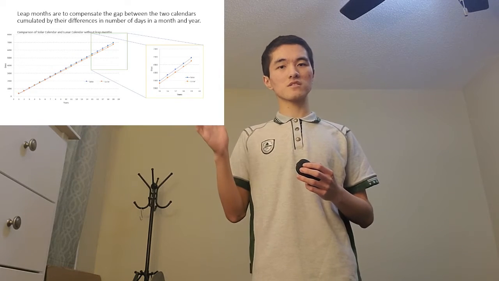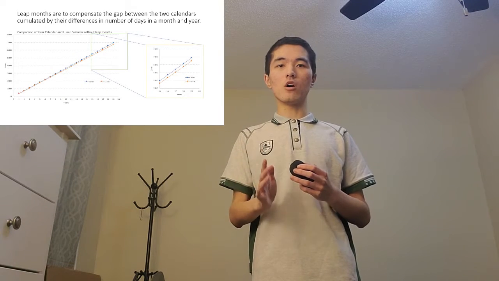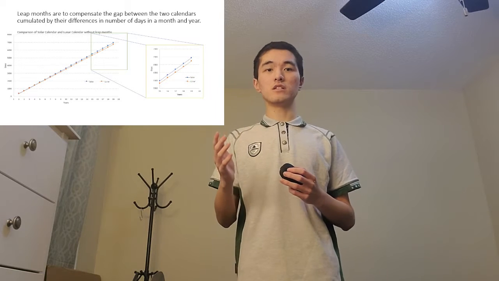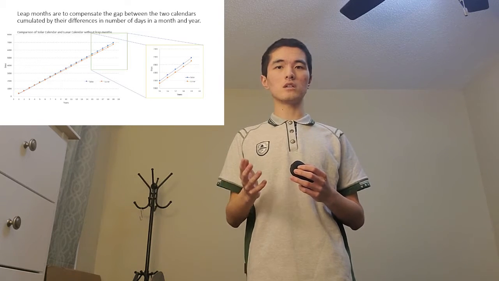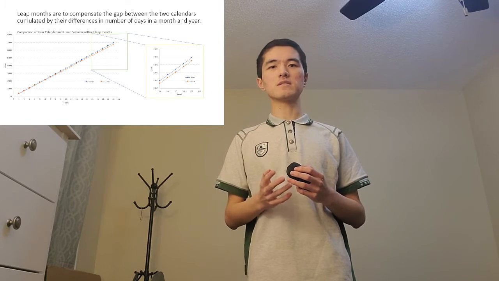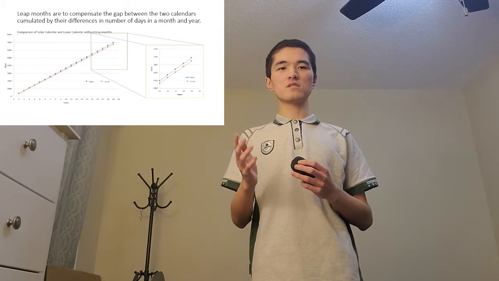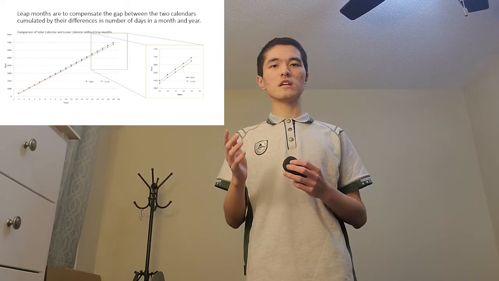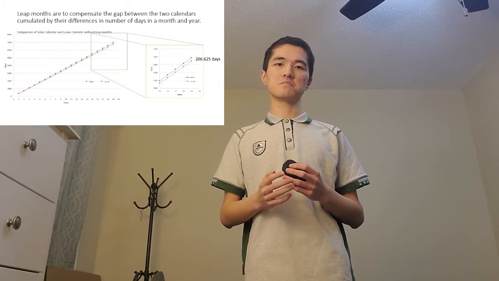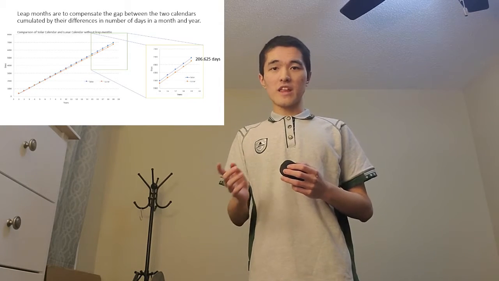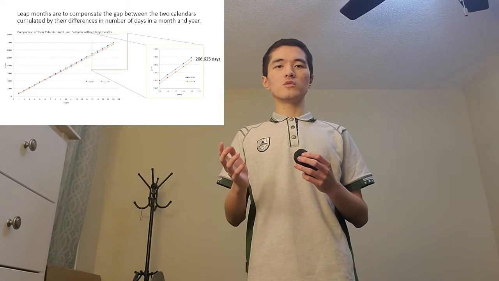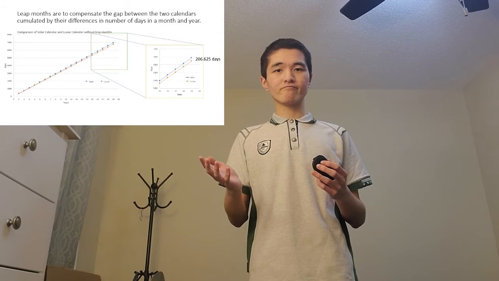As you see on the slide, the orange line is the lunar year and it is gradually falling behind the solar year in total days. At the 19th year, the gap between the two systems will be up to 206.6 days. If that happened, the lunar January would be at the end of the summer.